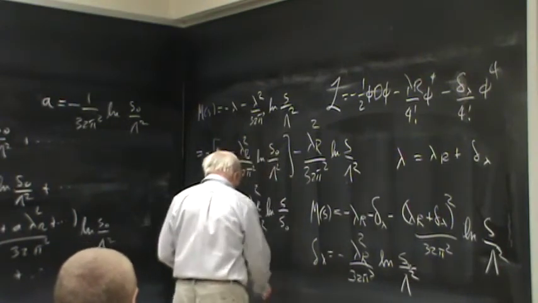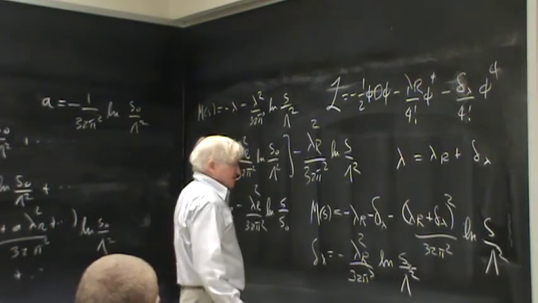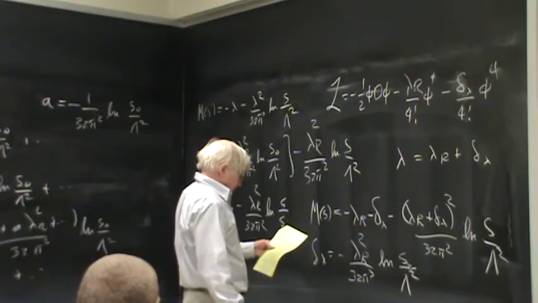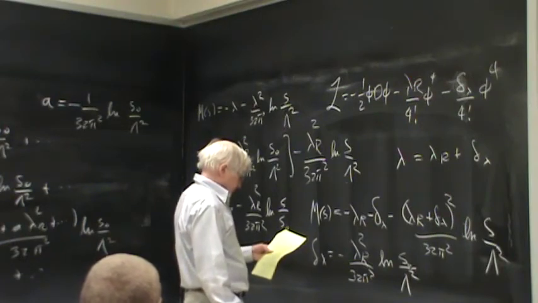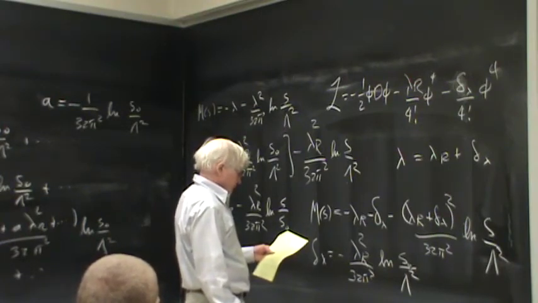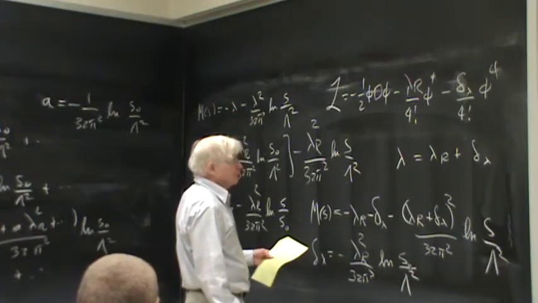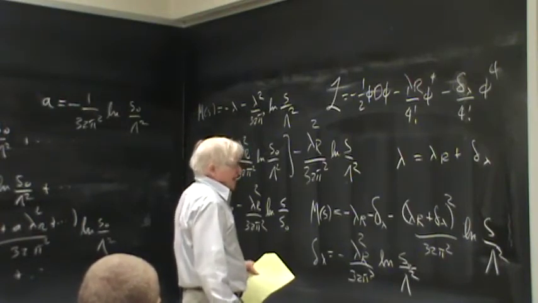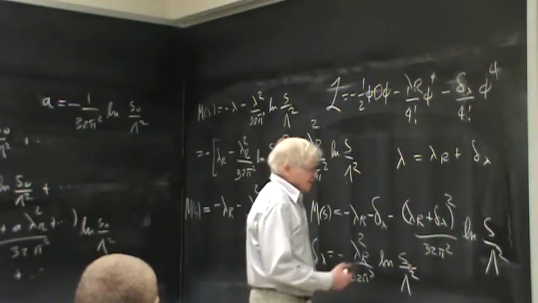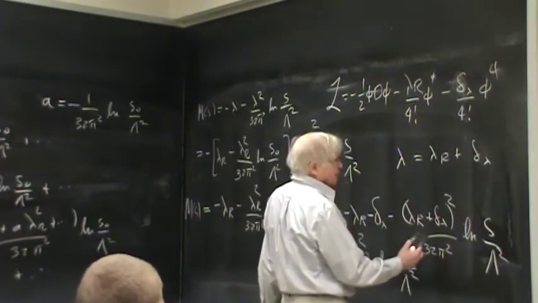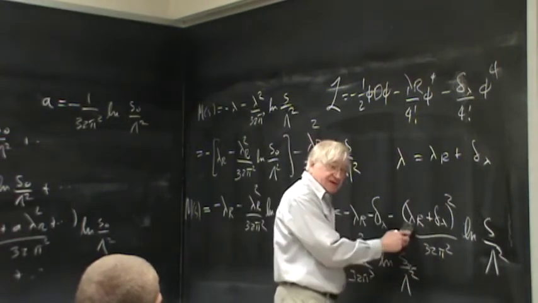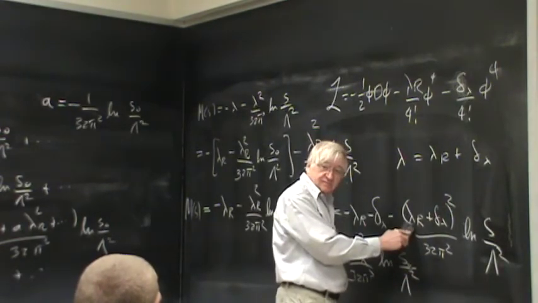Yeah, I think if you're going to make this work, well, there are two ways of proceeding. The way that Schwartz went was he said, well, this delta lambda, although it's infinite, it's a power series in lambda r.